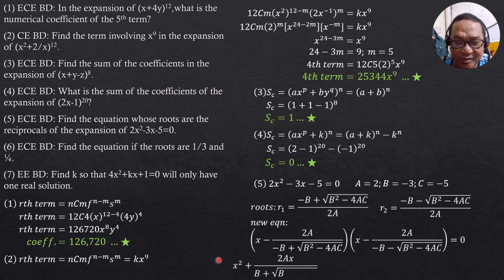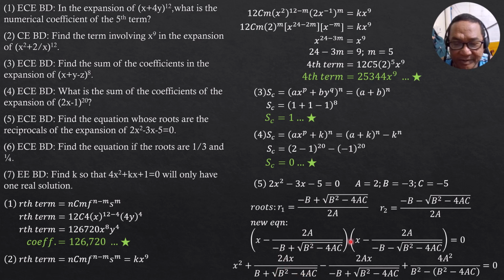So that is x squared plus 2ax over negative b plus square root of b squared minus 4ac. Why positive 2ax? Because negative over, we can change this to negative to plus rather. Then this is plus, that's also plus because negative over negative is positive.